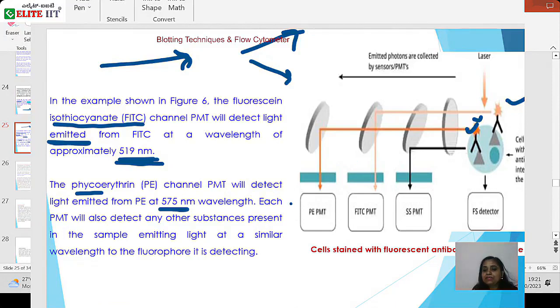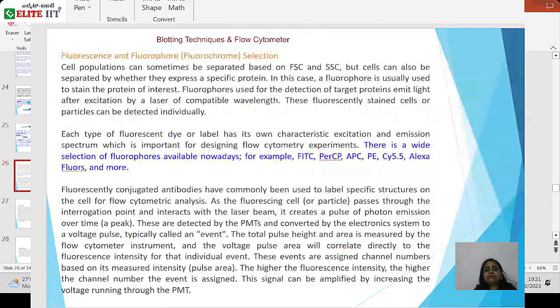Orange color is for the PE, so you will get a different peak. This one is for the FITC emission. The other two emissions are side scattering and forward scattering. So you get several data here. Cells stained with fluorescent antibodies pass by the laser, so you will get these multiple peaks, multiple results. Is it clear?